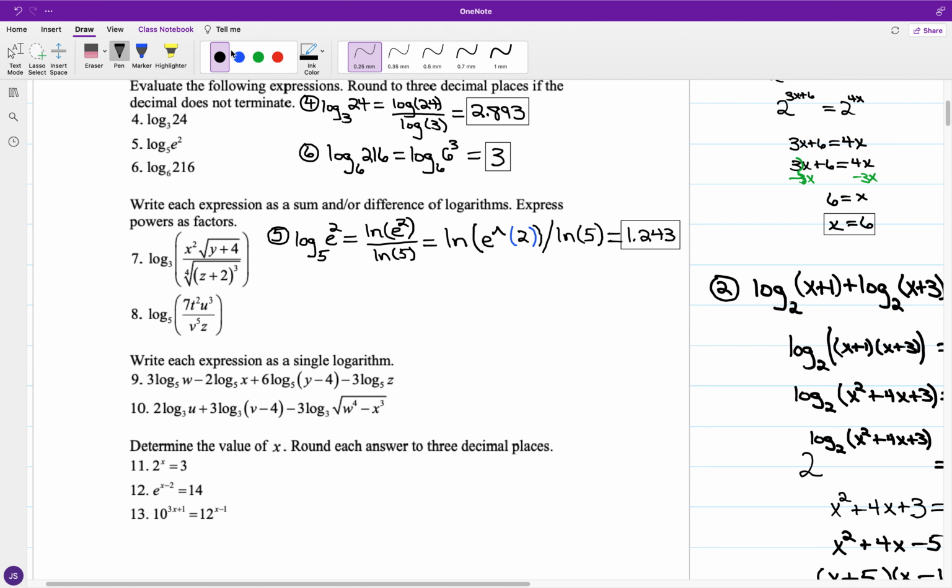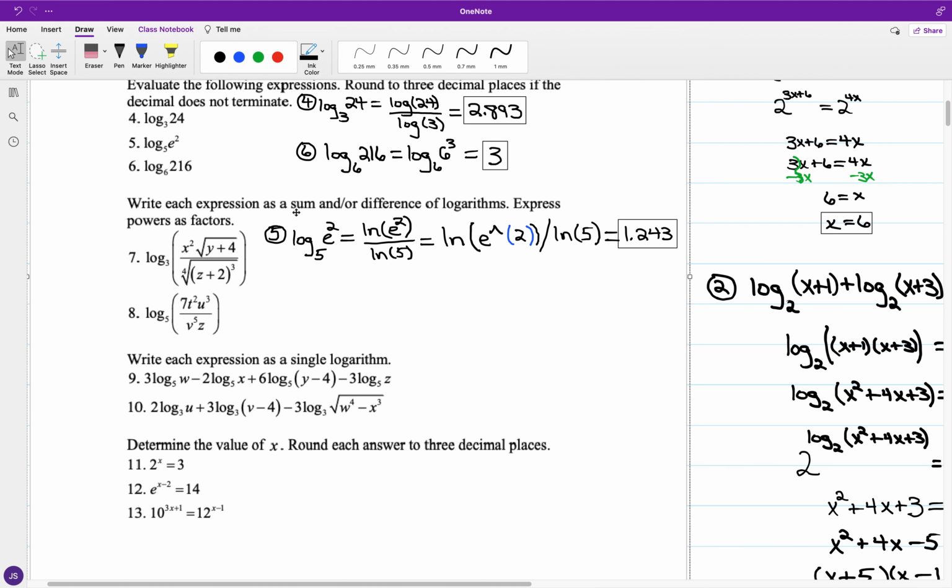Now there is another viable way in the use of natural logs.